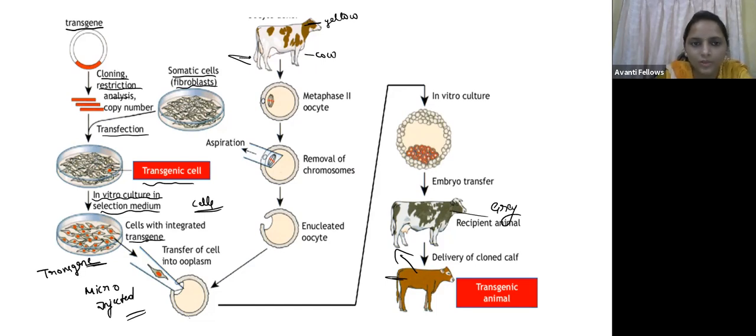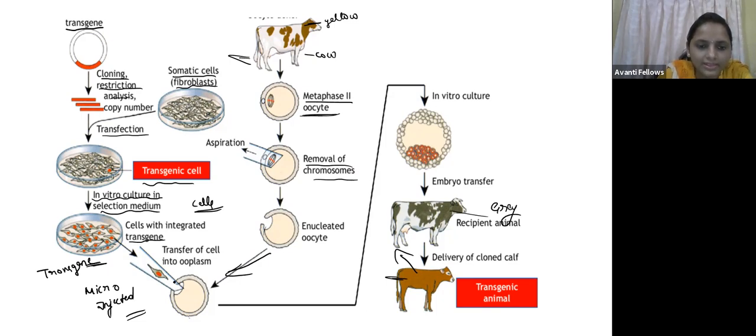Now you can see from this cow, they have taken the metaphase oocyte. Then they removed the nuclei, guys, which means they removed the chromosomes. Now there are no chromosomes present in it.